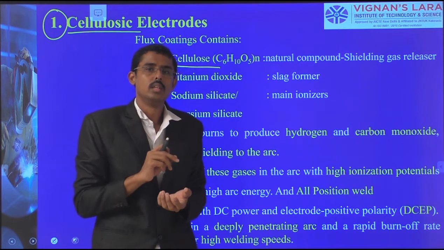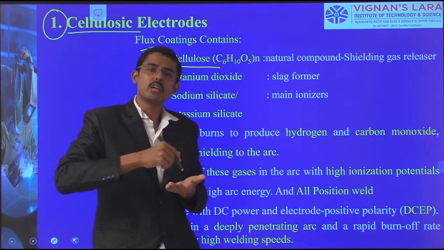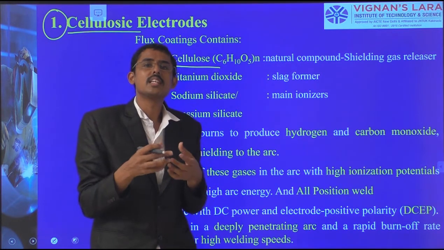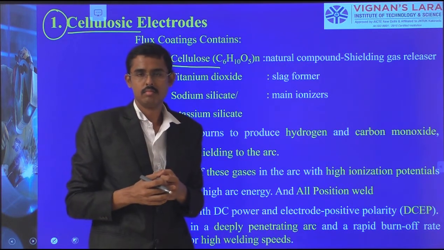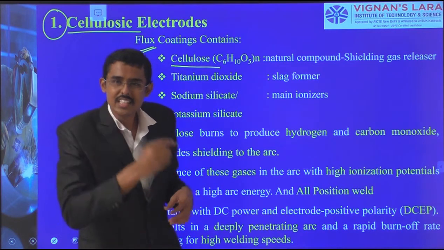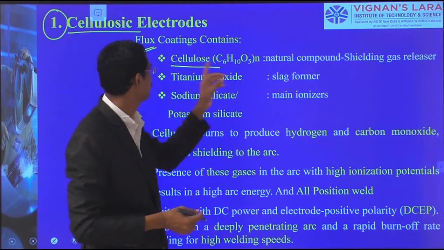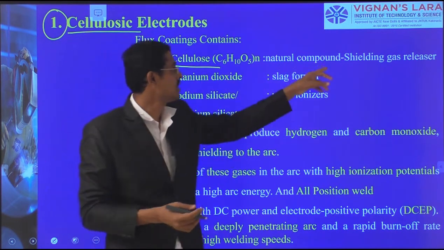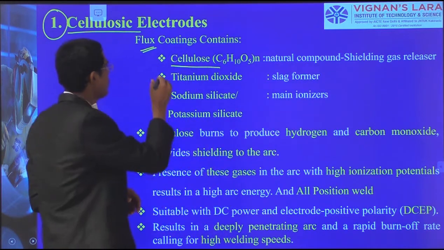As I told you, movement of the electrode can also cause improper shielding, as we have seen at the previous points. So where does this shielding gas come from? It comes from the cellulose, the shielding gas releaser.